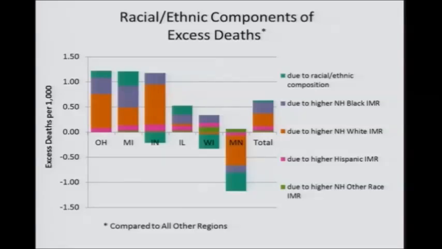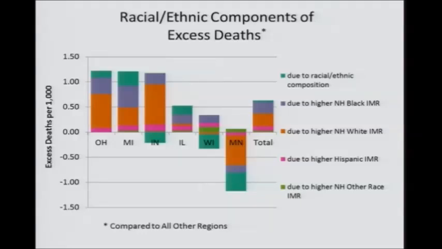And so you can see by the teal what proportion is due to differences in racial ethnic composition. And that's mostly a higher proportion of black births. And that really occurs in Ohio, Michigan, and Illinois. And then due to a higher non-Hispanic black rate, there are higher disparities in this region.